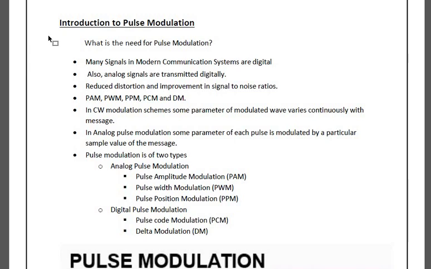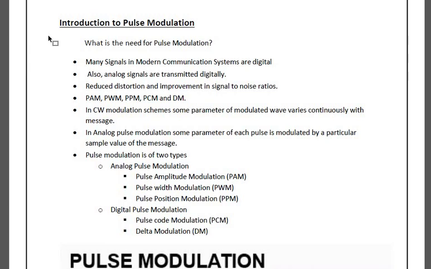What is distortion? It means the extra bits or extra noise that is added to your original message signal. In the last class we saw the difference between analog and digital communication. There we saw that noise and distortion can be reduced easily in digital communication, whereas in analog communication it's not possible. So that is the point: reduced distortion and improved signal to noise ratio.